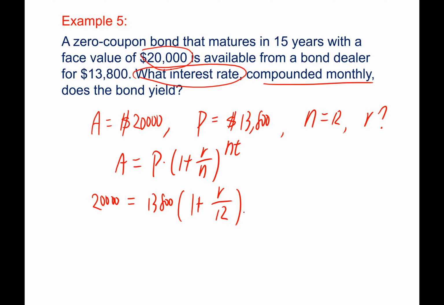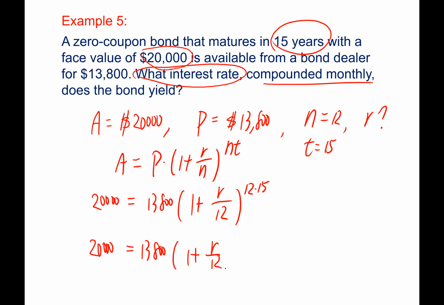And also T is given, right? I forgot to mention that, 15 years. Time T is 15 years. So this turned out to be 12 times 15, and that's 180. I raise it to the 180 power. So first, let's simplify a little bit: 20,000 equals 13,800 times (1 plus R over 12) to the 180 power.